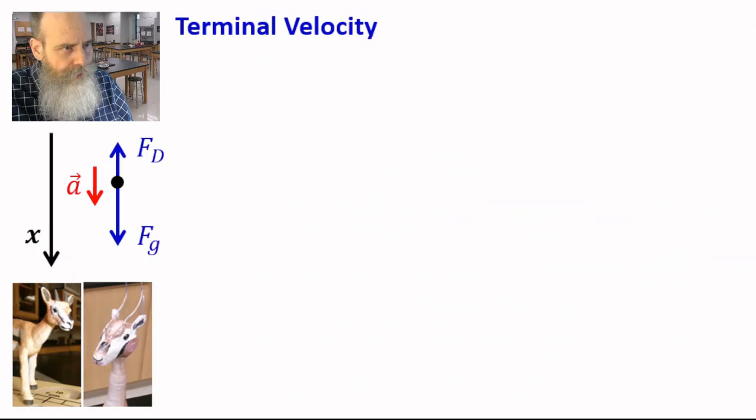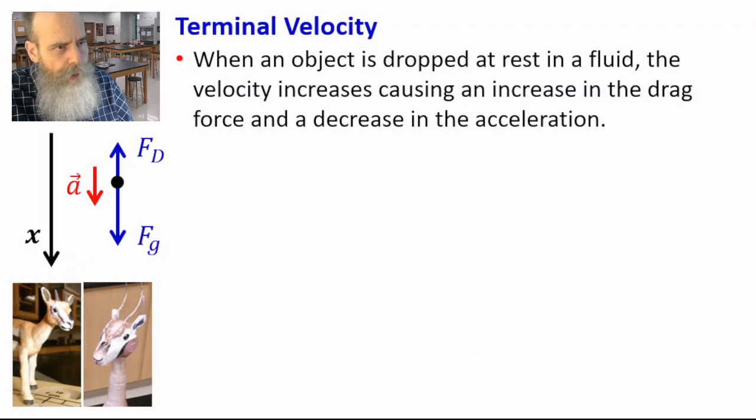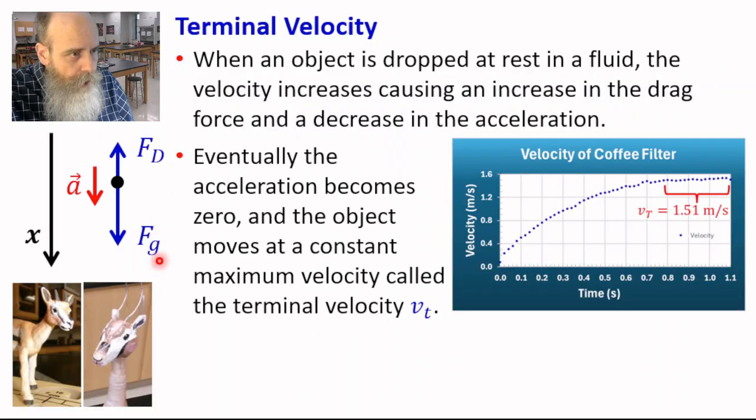Terminal velocity. When an object is dropped at rest in the fluid, the velocity increases, causing an increase in the drag force and a decrease in the acceleration. So we have the force of gravity down, the drag force up. The net force is Fg minus Fd. As velocity increases, Fd increases, causing the net force to decrease and the acceleration to decrease.